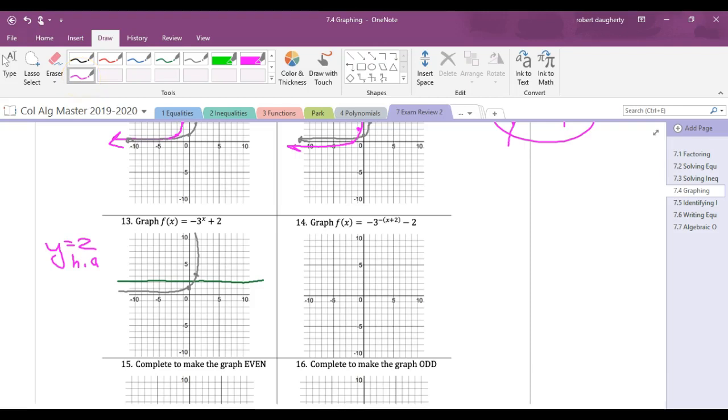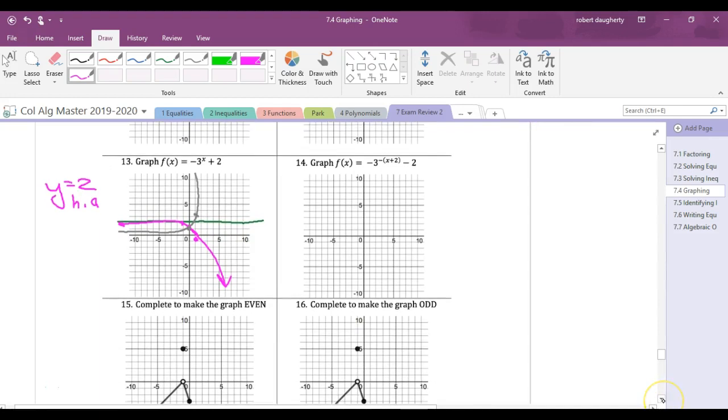So reflect it, it moves down here, 1, then up 2 moves it back to the same spot, okay. Reflect this, so it means down 3 and then move it up 2, which is right here, okay. And then here, if I reflect this and then move it up 2, something like this. And what you see is this behavior, which is the graph of the reflected negative 3 to the x plus 2.